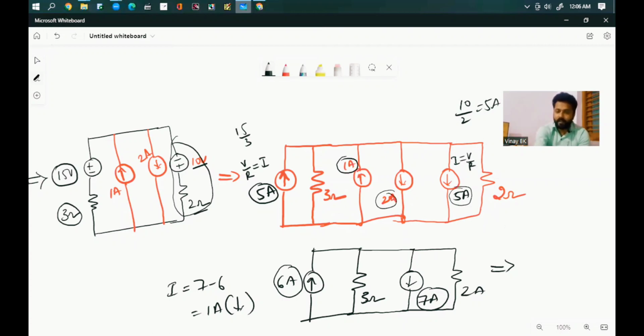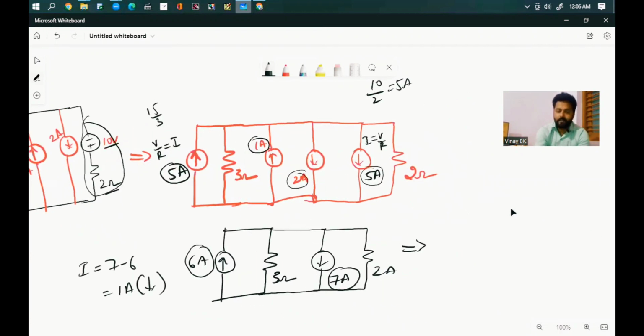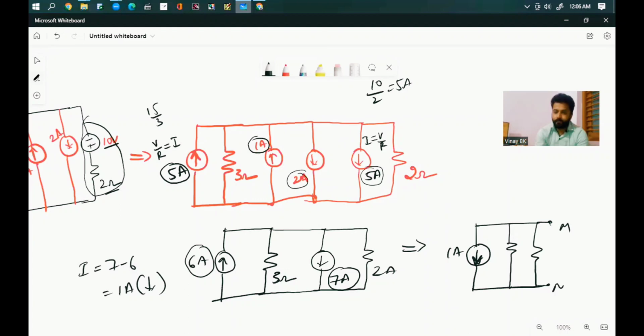So you can rewrite this circuit to get one current source. Right now 1 ampere is flowing downward, and the resistors 3 ohm and 2 ohm are connected across M and N. So now it is very simple.